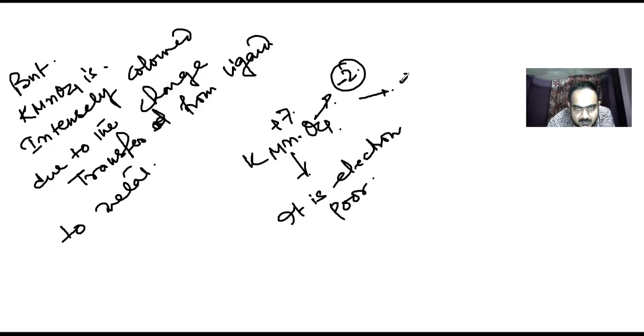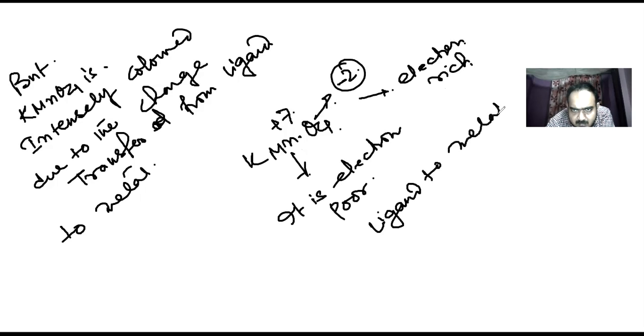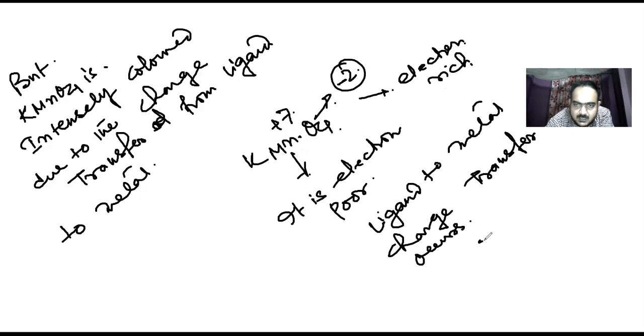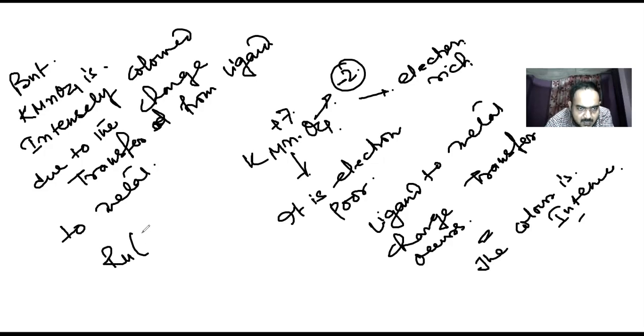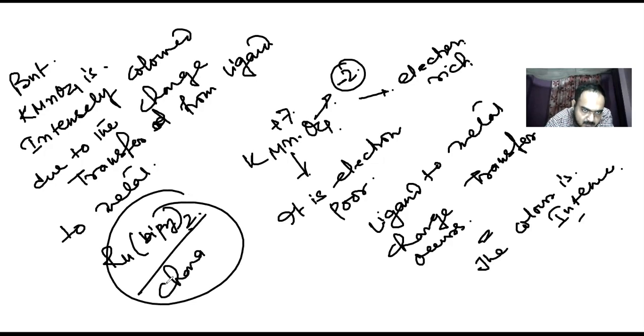That means it is electron rich. So ligand to metal charge transfer occurs. That's why the color is intense, though there is no d-d transition. This kind of example you can see in Ru(bipy)3, ruthenium bipyridyl. This is also a charge transfer complex.